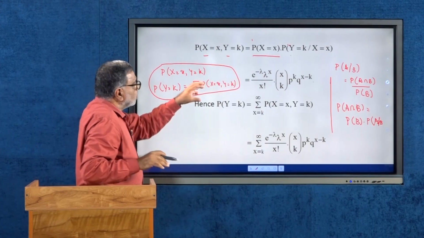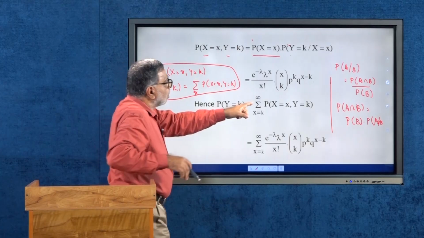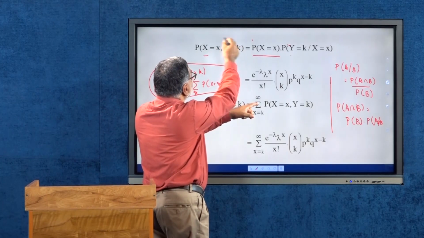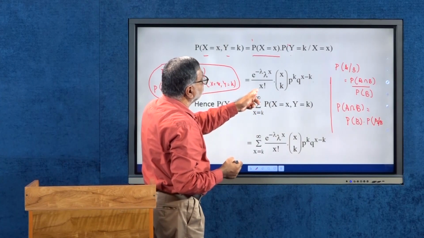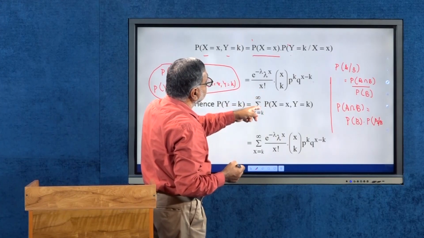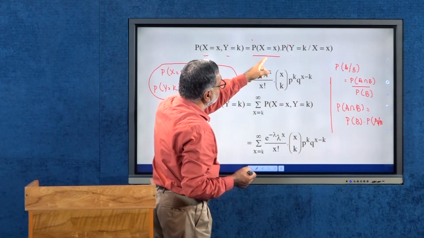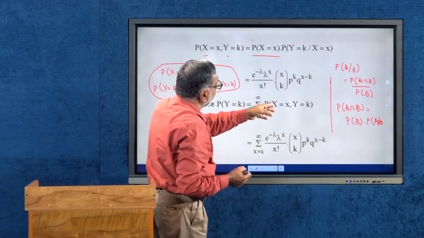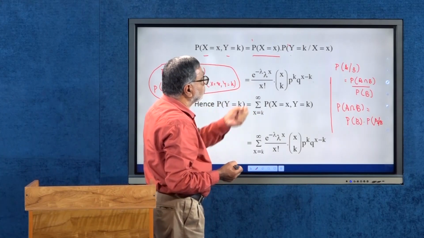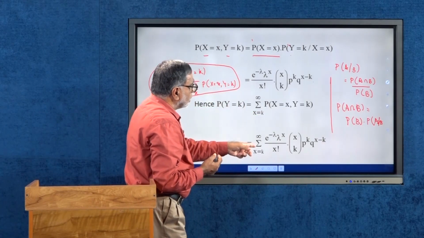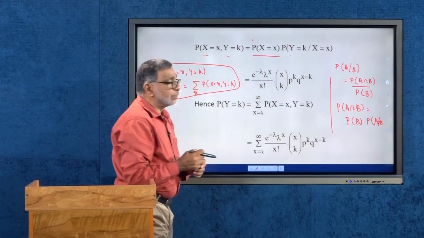So, we can find the probability of y is equal to k as the sum of the joint probability mass function over all x values, and x can have the values from k to infinity, and the expression is already substituted.